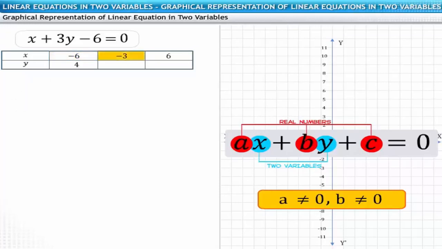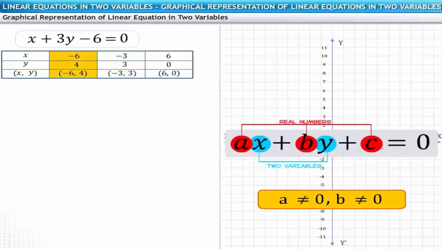Similarly, we can substitute the other values of x in the equation and obtain the corresponding values of y. The values of x and y are represented as an ordered pair.